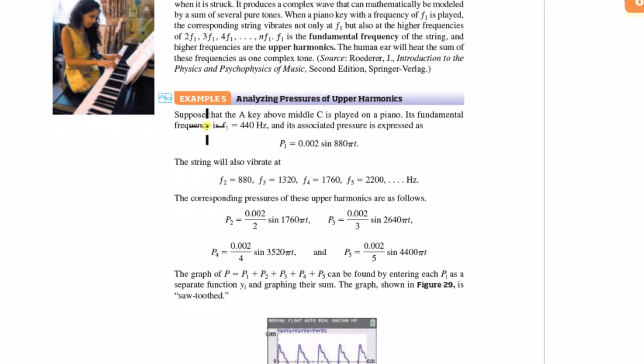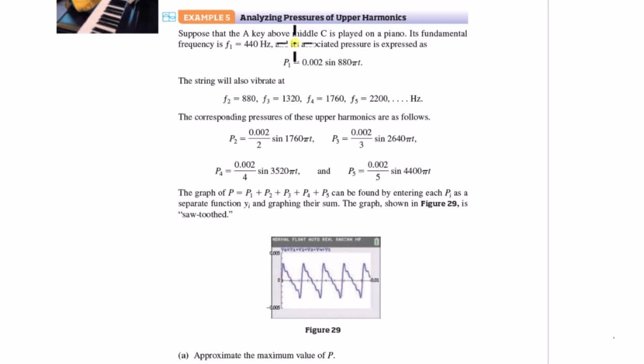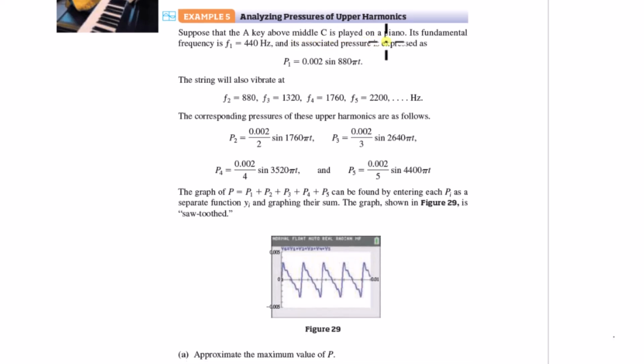All right. Suppose that the A key above middle C is played on a piano. Its fundamental frequency is 440 hertz, and its associated pressure is expressed by this sinusoid. The string will also vibrate at these other frequencies. The corresponding pressures of these upper harmonics are as follows.